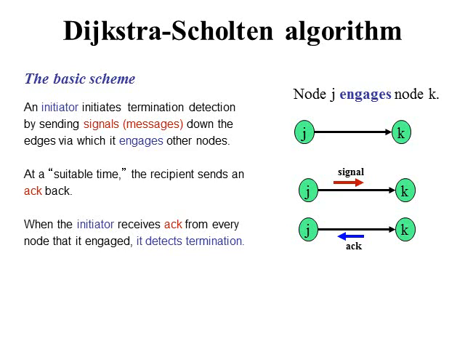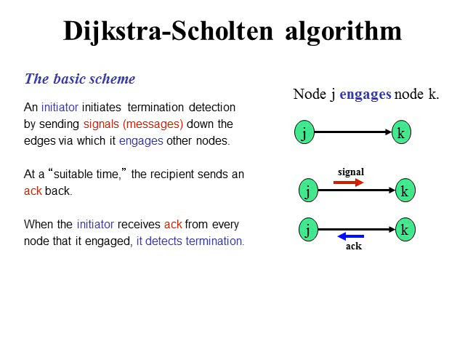All right, on the right hand side, the very first picture shows node J engaging node K by sending signals from J to K in order to detect the termination.